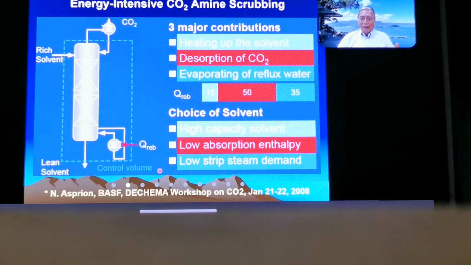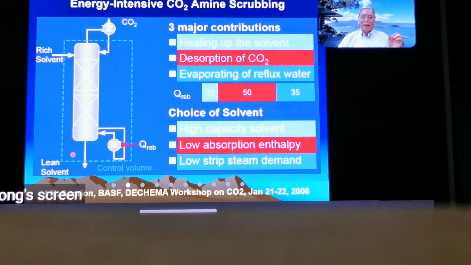When I gave a lecture in Germany at BASF in Frankfurt in 2008, our friend from BASF publicized their industrial study, which represents the state of the art still today, that the current commercial process has major energy consumption to capture CO2.